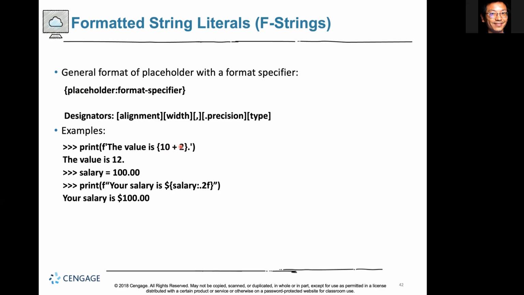That's fine. This will evaluate that expression and then print out 12, right? Now here, this expression is essentially a variable reference. A variable reference is also an expression, remember? So here, of course, this will be evaluated into the value of salary, which is 100.